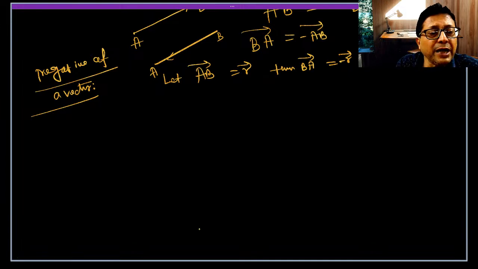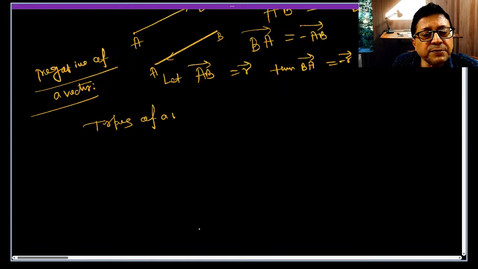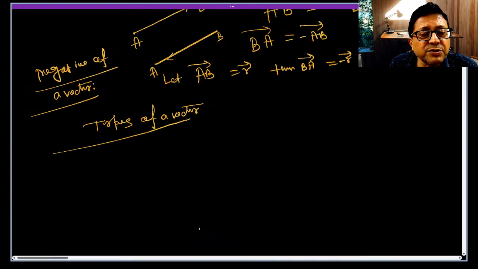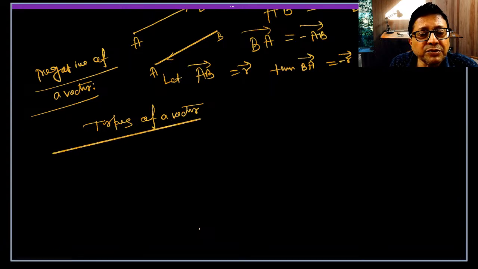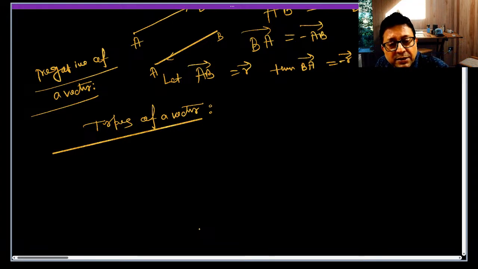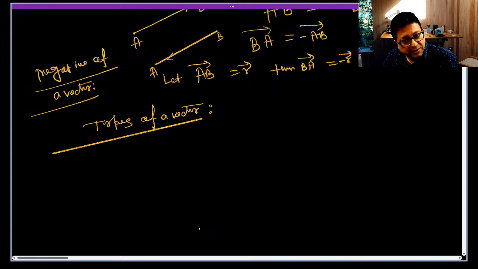Now there are different types of vectors. We cannot categorize this way because according to application we will find some vector in some other subject. Those have no application here, so I will remain silent about those. Like angular momentum vector, we don't study here. Torque vector, we will not study here.